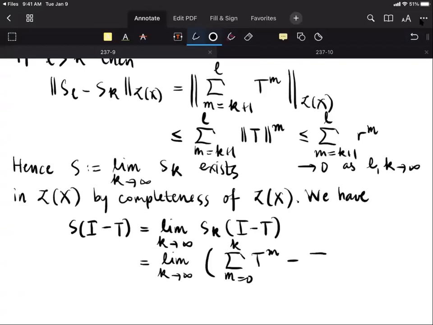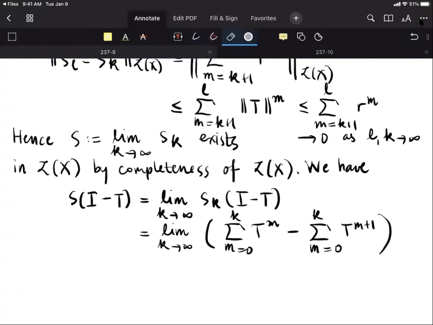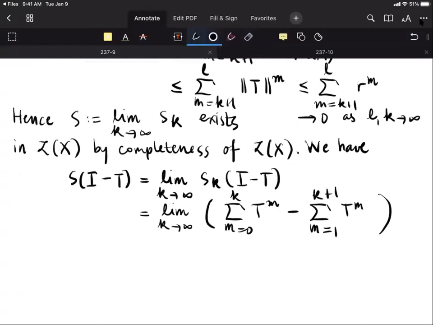So you get your partial sum minus, multiplying by T, you increase the power by 1. And of course, re-indexing, the index now will start at 1 and end with k plus 1. So you have a telescoping sum.